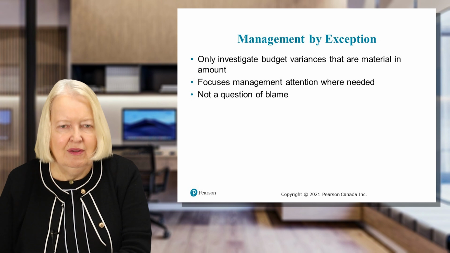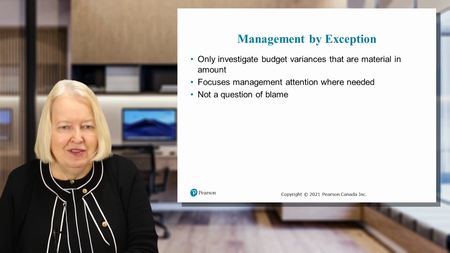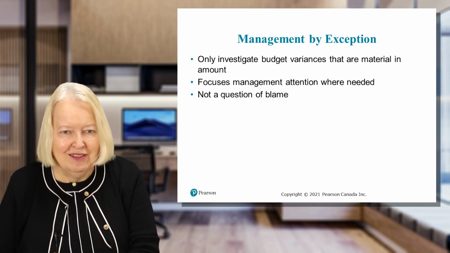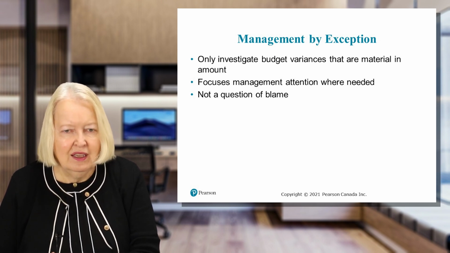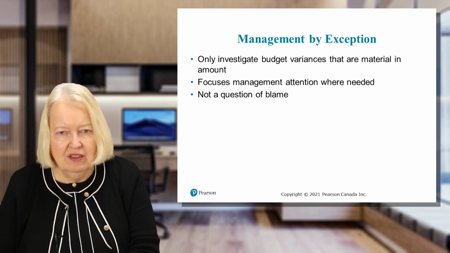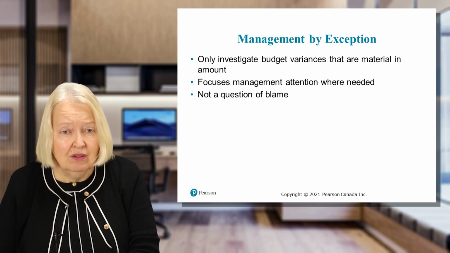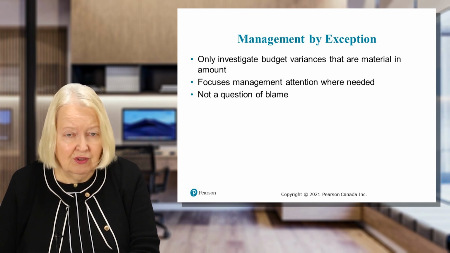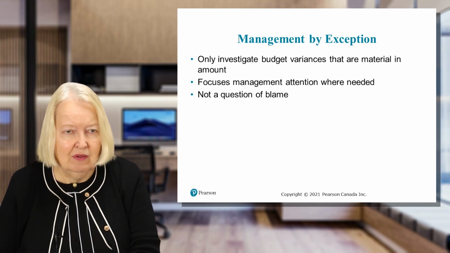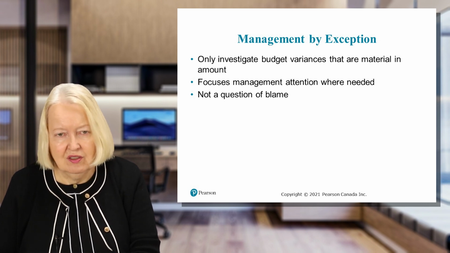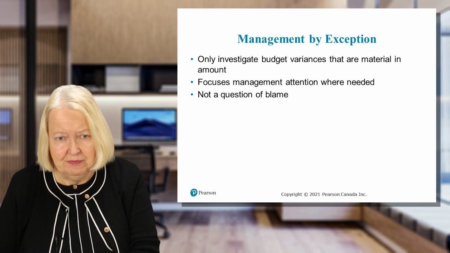So preparing these budgets, that's just the start of the manager's process. As each month goes by, you would want to identify variances. So did your materials costs increase over what you had thought you would pay? Did the labor costs go up by more than you had planned?